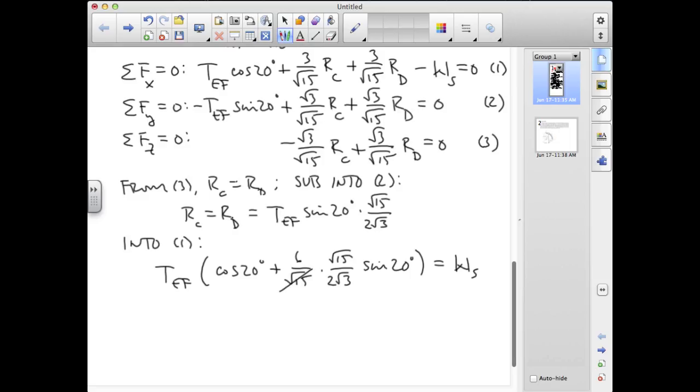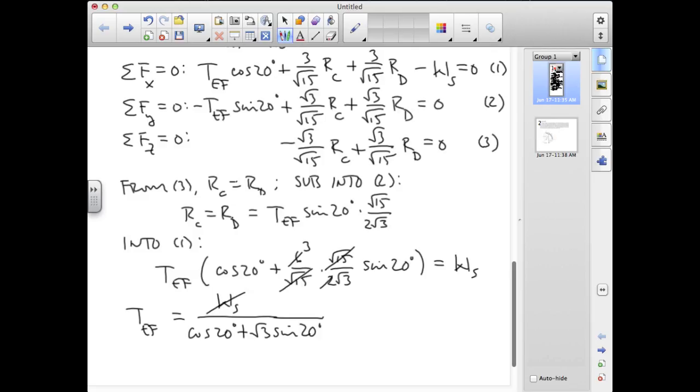And we have some things that will cancel out here. In fact, the number preceding sine 20 degrees will just be the square root of 3, and we end up with TEF equals the weight of the sphere over the sum of cosine 20 degrees plus root 3 sine 20 degrees.